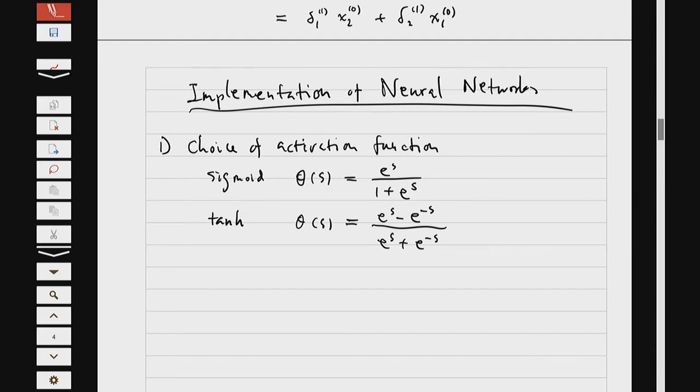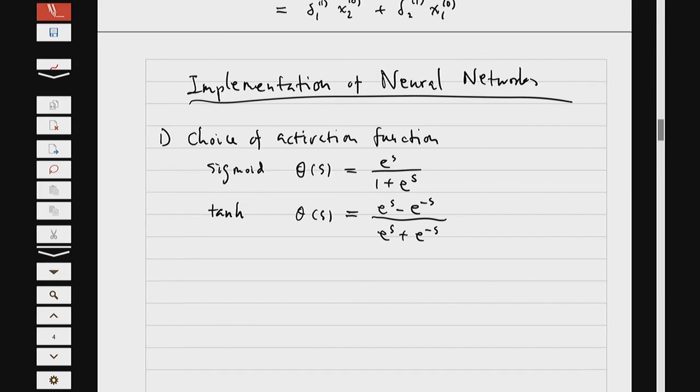But even this hyperbolic tangent form, people have discovered that when the neural network is large enough, that amount of calculation is still too much. And hence the development of something you have probably all heard of, the ReLU activation function, the rectified linear unit.